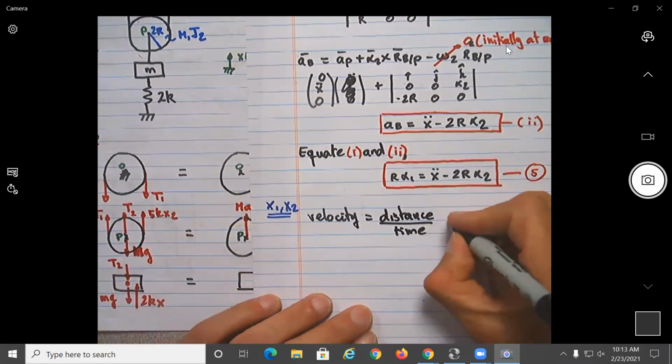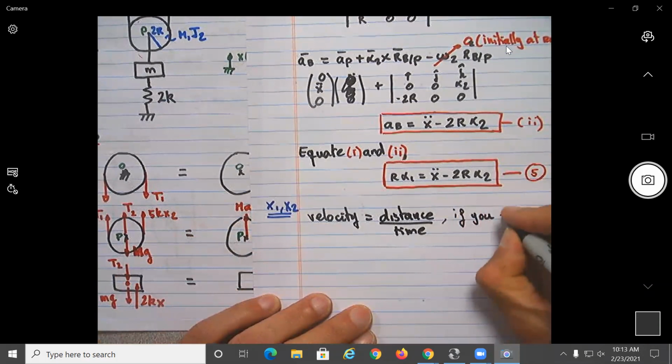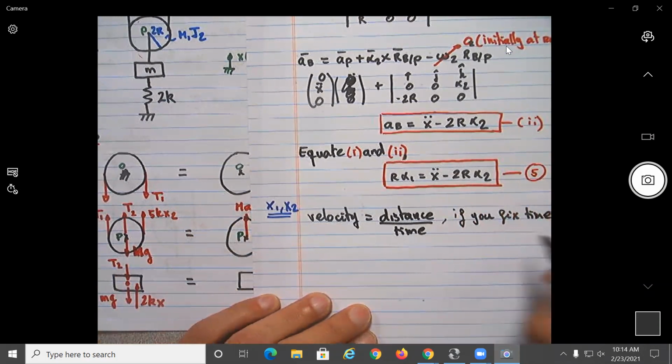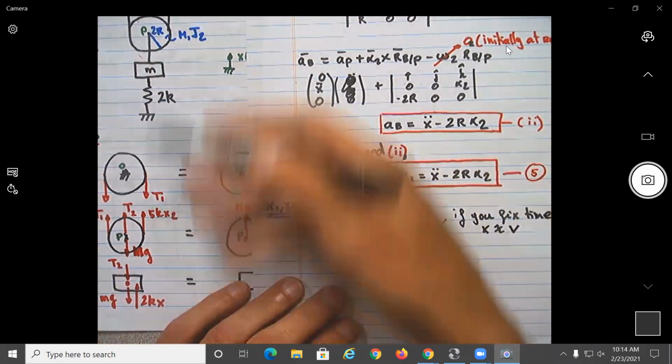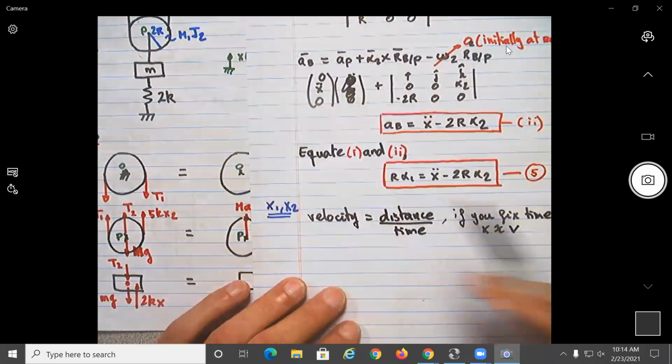So if you fix time, you could say that the deformation basically would be proportional to the velocity, no? Yeah, because all this block is going to be moving on the same scale of time.